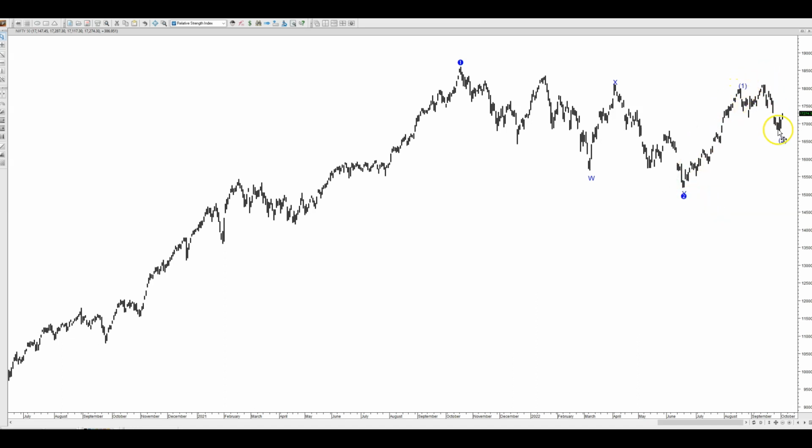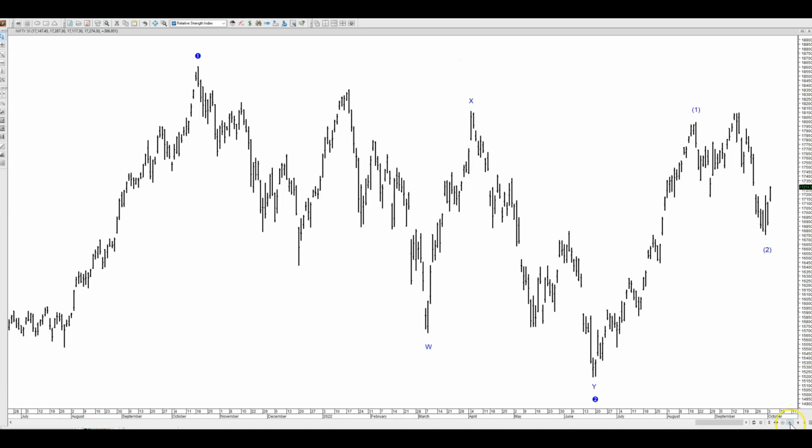Then there was the expanded flat for wave 2. Now this flat correction is very interesting. Why? Let me show you. Just watch very carefully. This flat correction probably ended around the 38% retracement of wave 1.